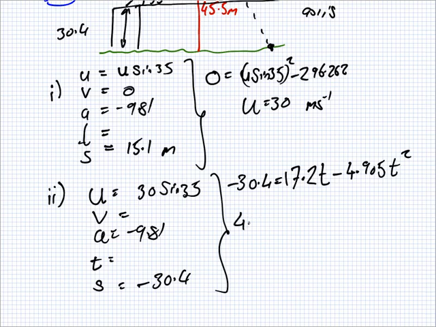So you get 4.905 t squared minus 17.2 t minus 30.4 equals 0. What type of equation is this? Quadratic. We should use the formula. There will be two answers, one positive, one negative, but we take only the positive answer in this case.